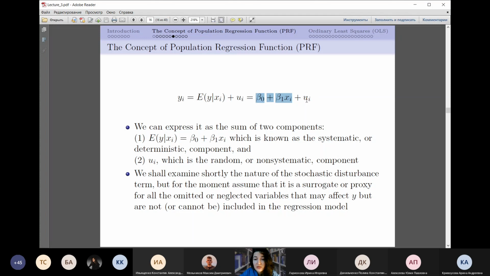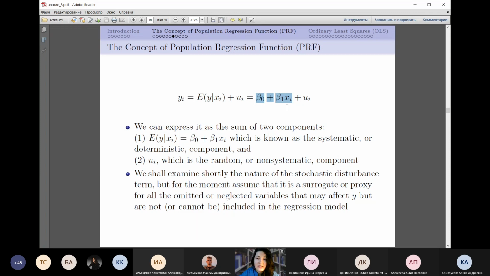It's impossible for us to collect all the factors that can influence our dependent variable. Sometimes we can't include some factors because we lack the theoretical insight to fully account for all of them, and because of this our model could be incorrect. Or maybe our functional form could be incorrect.